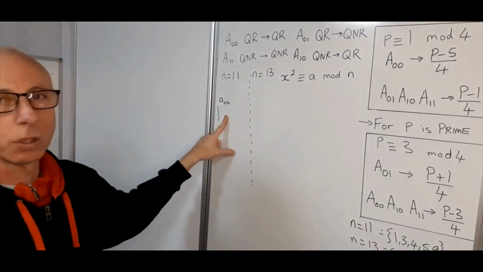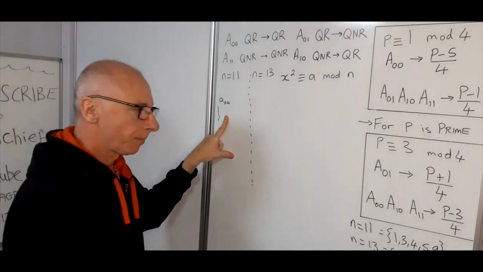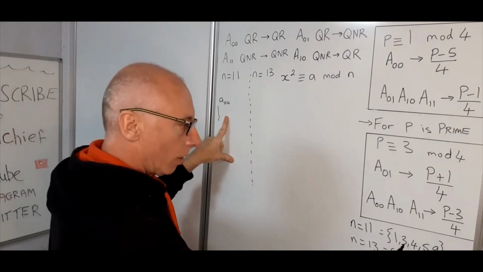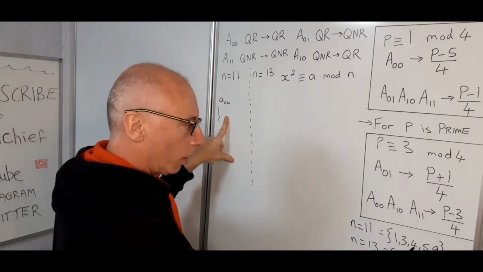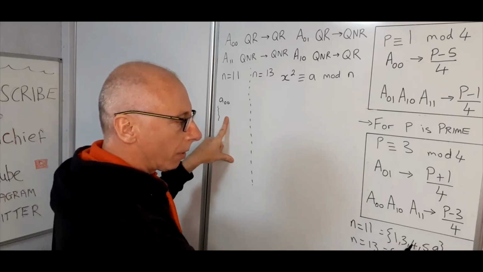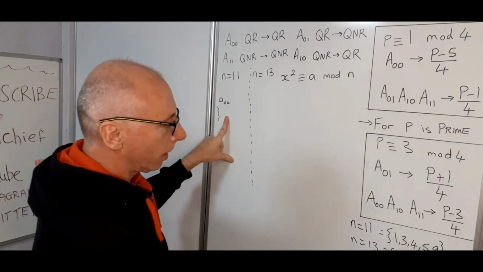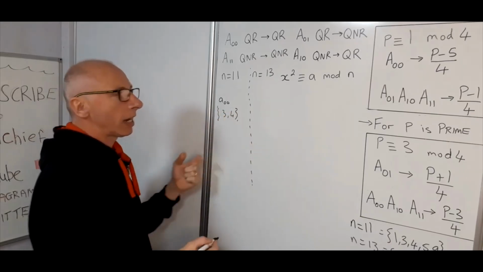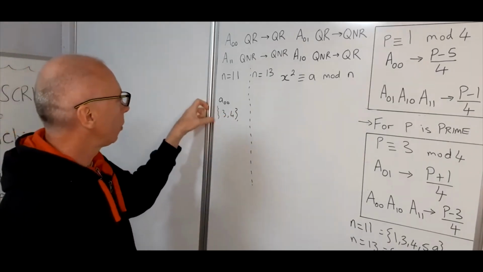There should only be 2 numbers in this set. So 3 precedes 4, and 4 precedes 5, so that means 3 and 4 are in this set, which is what we were hoping from this formula.